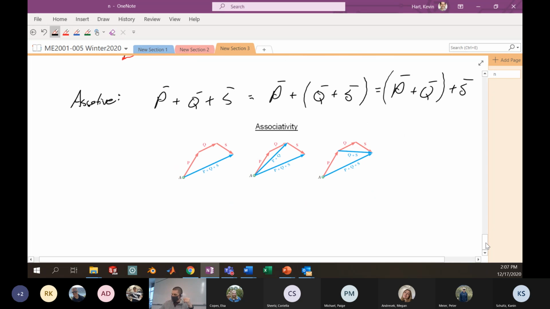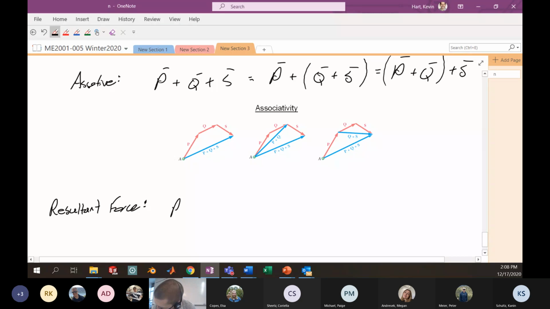We also called this the summation of all of these forces together. So something like this, P plus Q plus S, the resultant force. And we generally labeled that as capital R, which equals the summation of some vectors that we have.